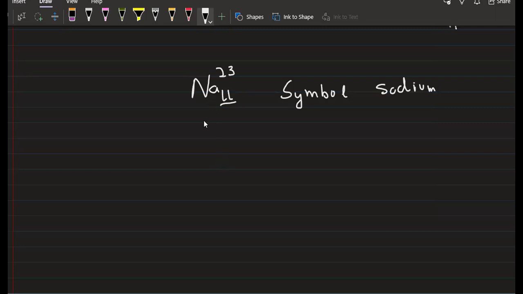We just studied, right? This 11 is its number of proton. Okay, it is your number of proton. Got it? And what we call the number of protons is called the atomic number.